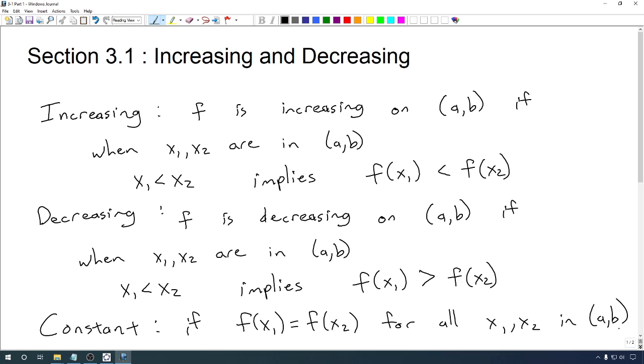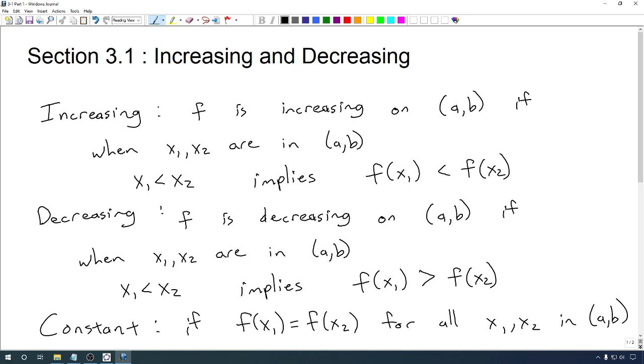Basically, we're saying that if a function takes on the same value for every point in that interval, it's said to be constant on that interval. Now, we're not actually going to run into too many functions where we do have intervals where a function is constant.